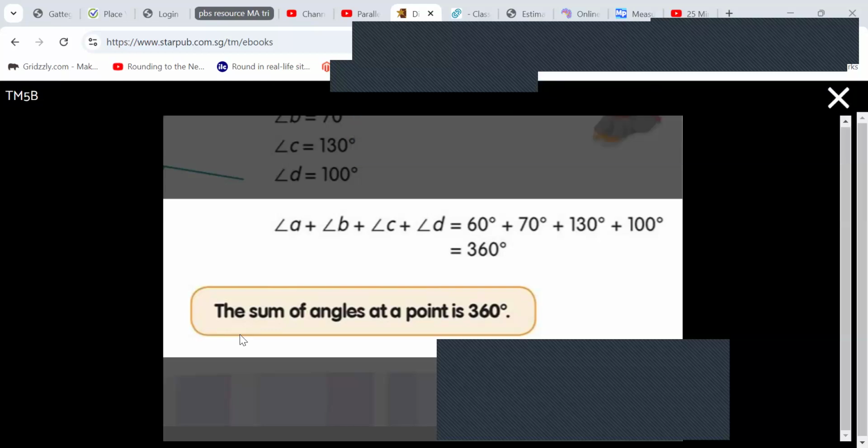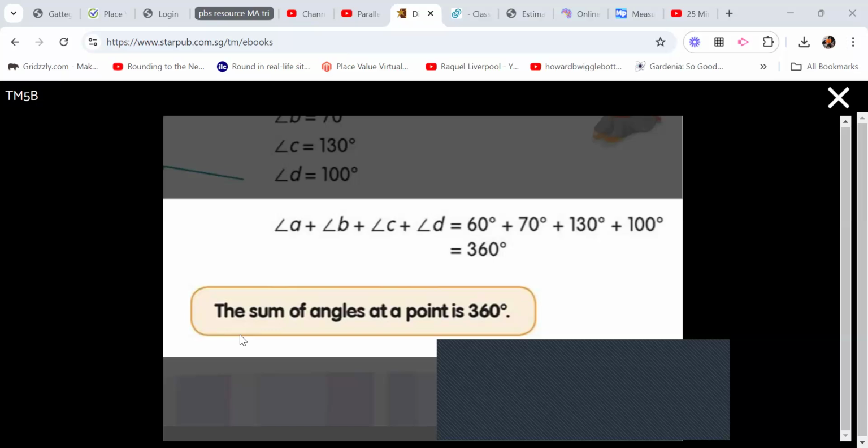You know what point we are talking about here? In the pizza, what's the point? It was the center of the pizza, right? Correct. Where the slices meet. Have you written this down?